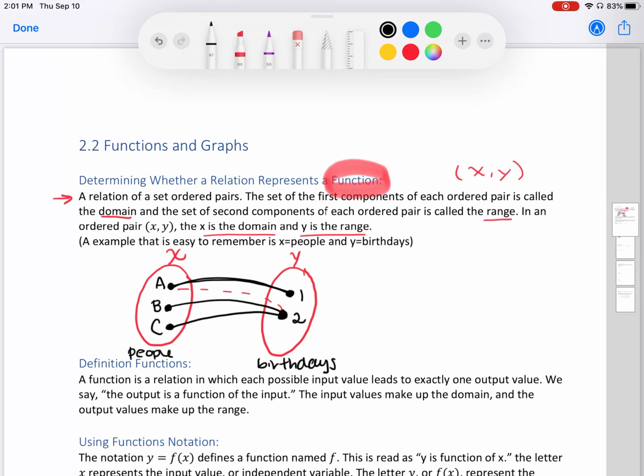So if we represent these as points, we have A and 1 as x's and y's. We have B and 2, and we have C and 2, but we cannot have A and 2. That doesn't make sense. If we take a closer look at this, we can see that your y's can repeat, but your x's can't repeat.